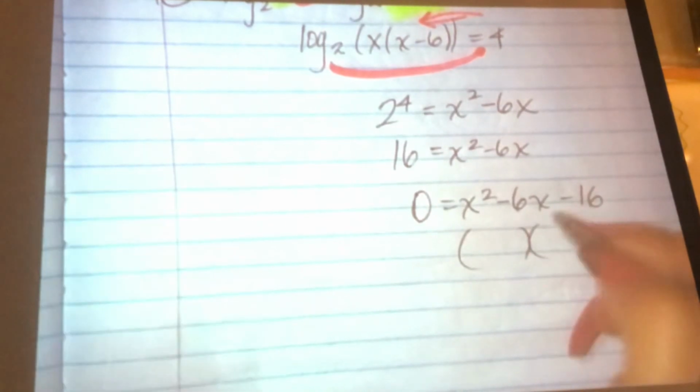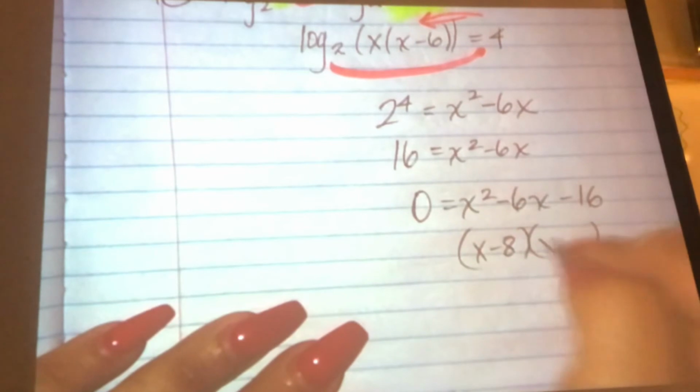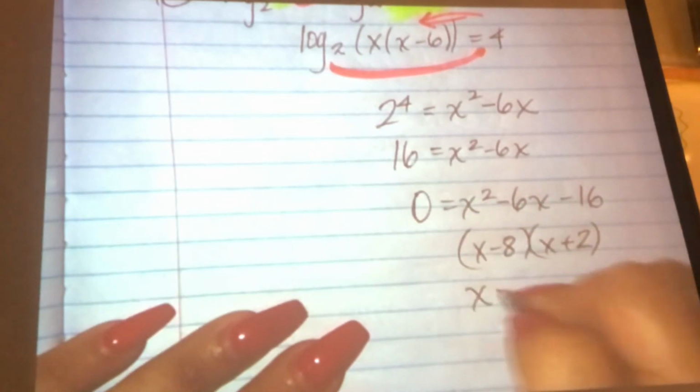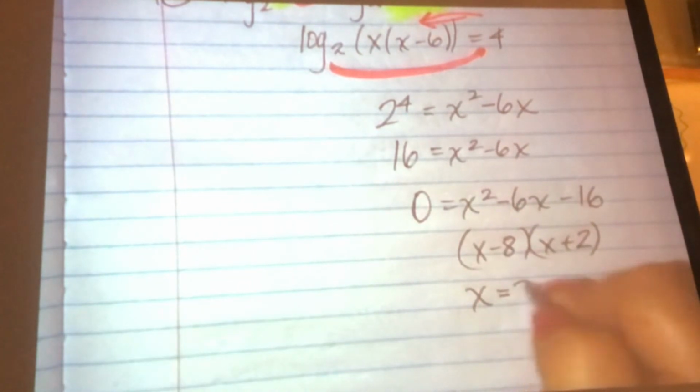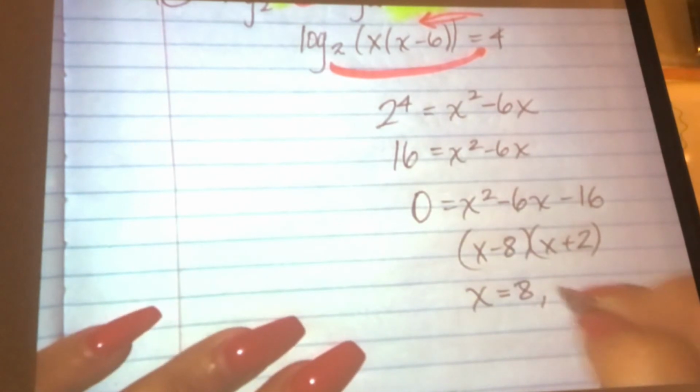And all we gotta do is factor that. That's a minus 8 and a plus 2. So my two answers are x equals 8 and x equals negative 2.